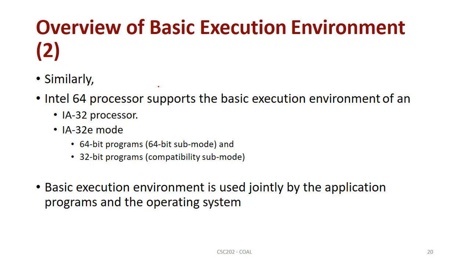If we talk about a 64-bit processor, it generally provides two to three main features. One is the environment for the execution of 32-bit applications, like legacy or traditional IA32 applications.